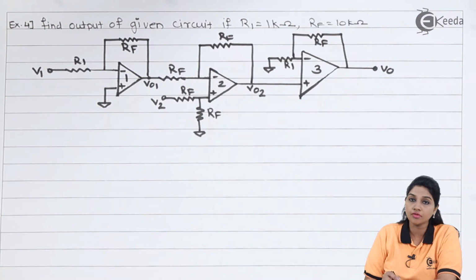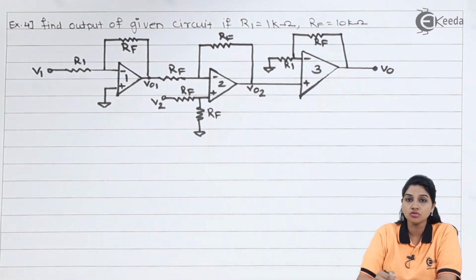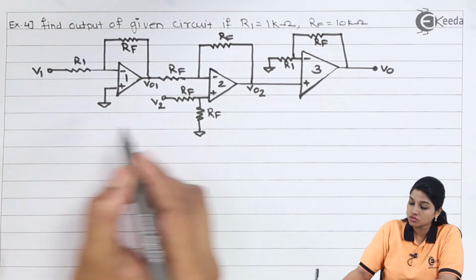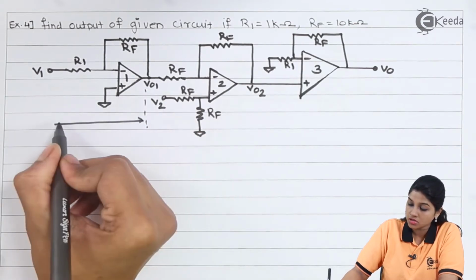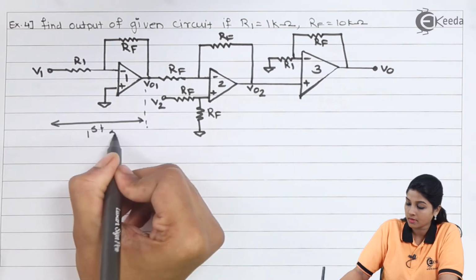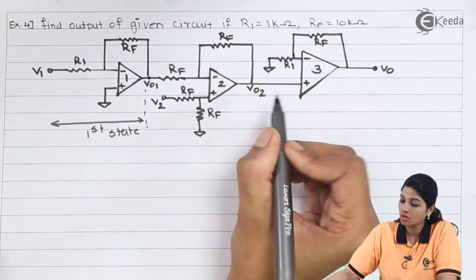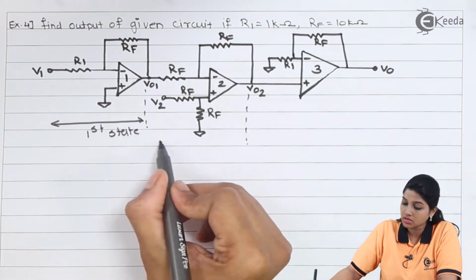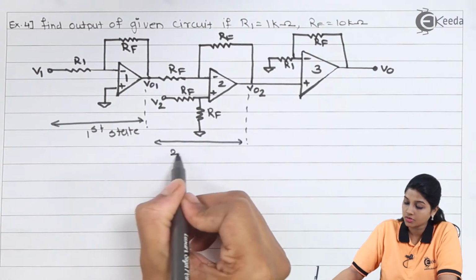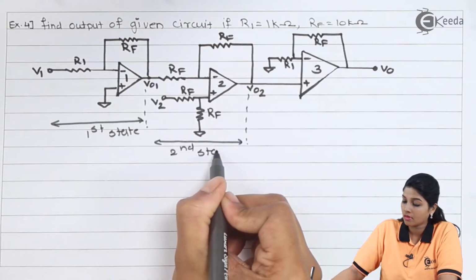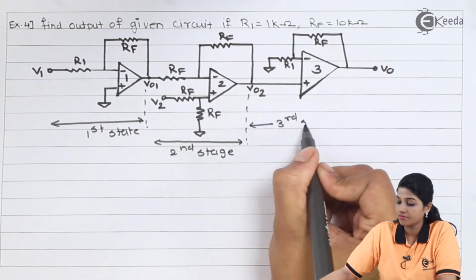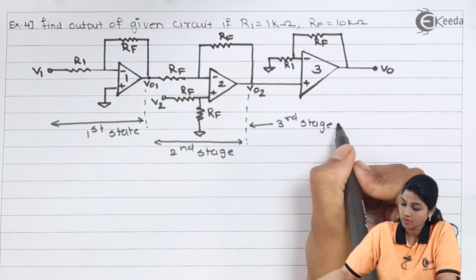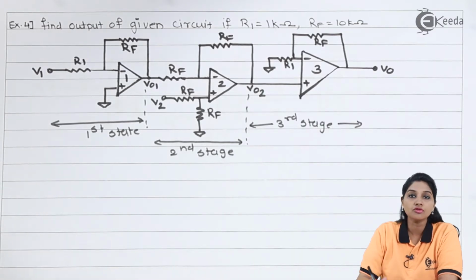From the circuit diagram, we will come to know that the 3 op-amps are used in different configurations. Up to VO1 we will consider the circuit as the first stage, up to VO2 we will consider the circuit as the second stage, and then the third stage. The third stage will give you the final value of output, that is nothing but VO.